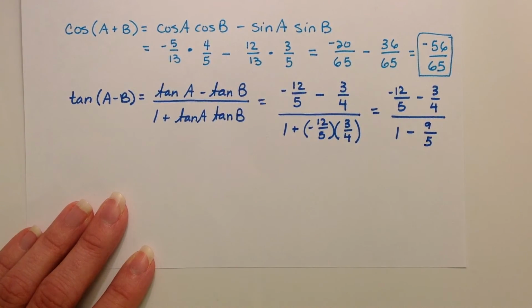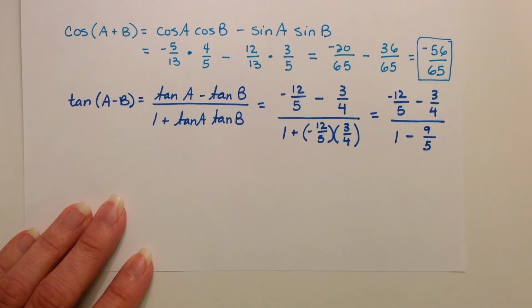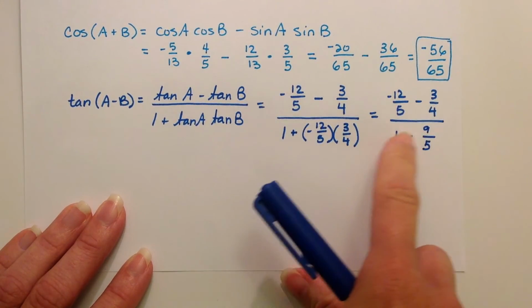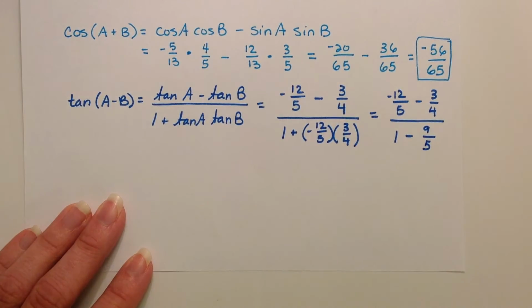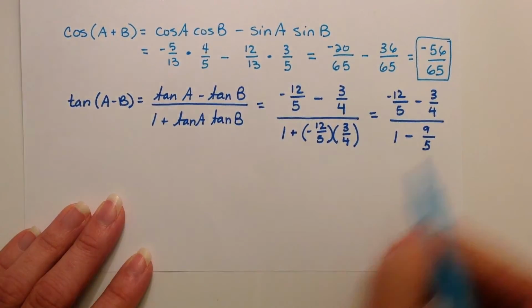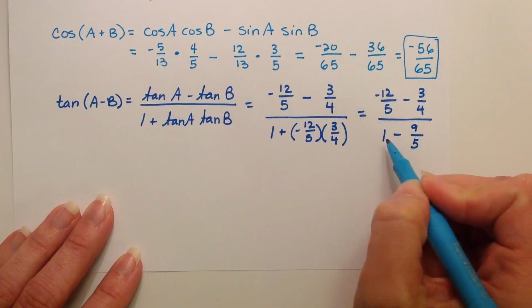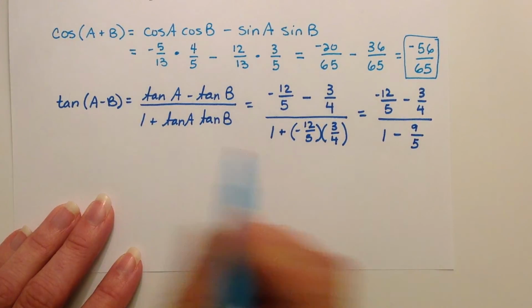Okay, so we have a complex fraction. So again, you can use a calculator, but you can also go through and multiply each of these terms by the common denominator, which would be 20. So like I said, you're multiplying each term on the top times 20, and then each term on the bottom times 20.